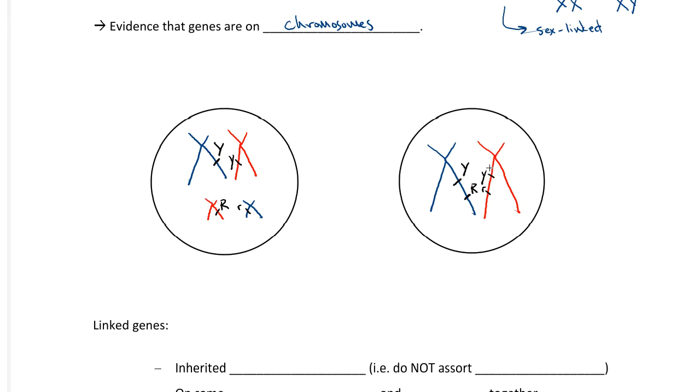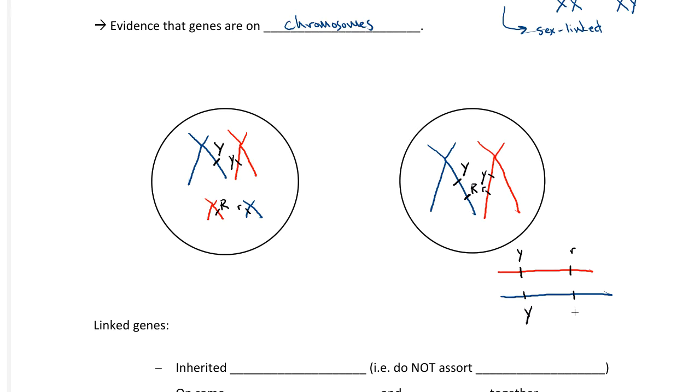But remember that crossing over happens in meiosis 1, and so I could have crossing over between these two non-sister chromatids. And that could recombine the alleles into new configurations. So here I have the recessive versions of both the Y and R genes, and here I have the dominant versions of both the Y and R genes in their original configuration on the chromosomes.